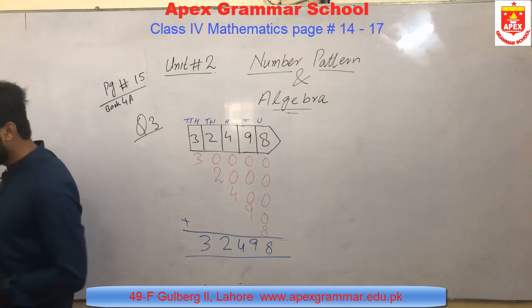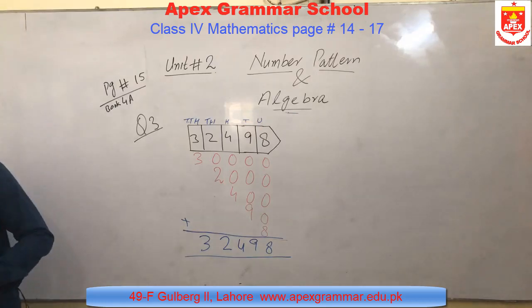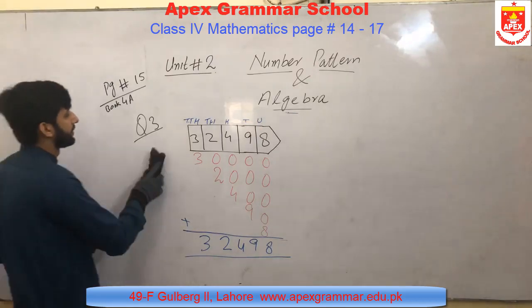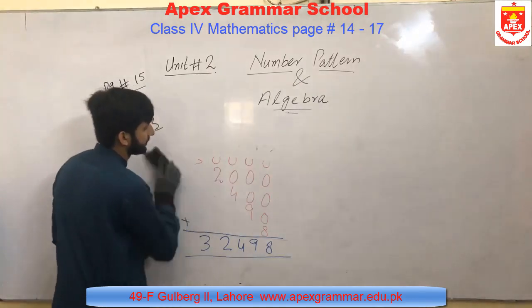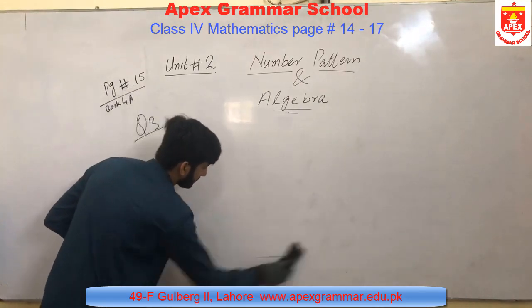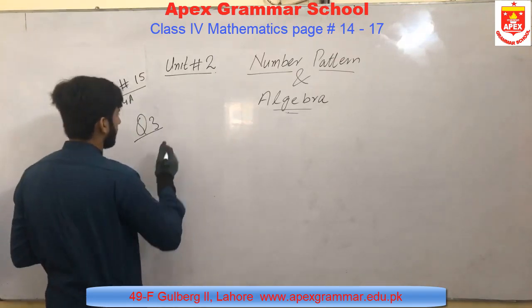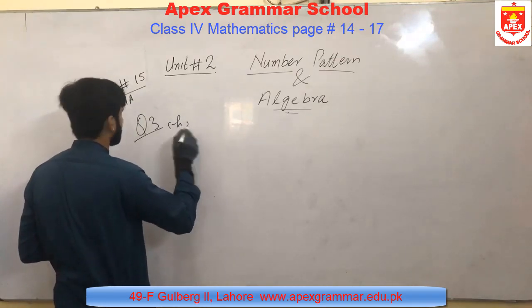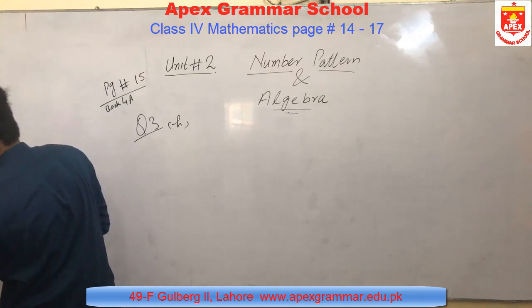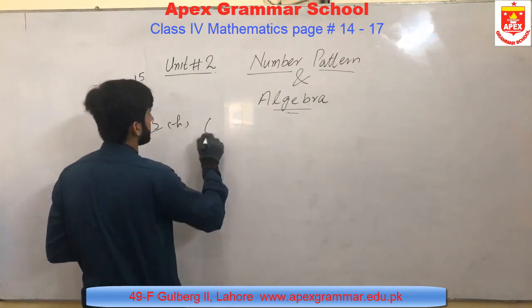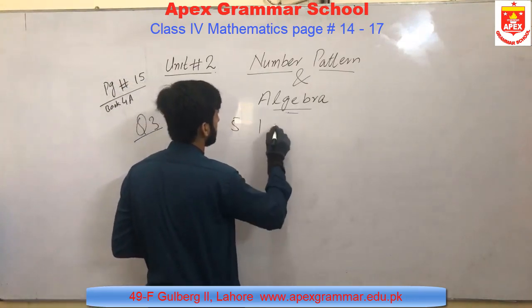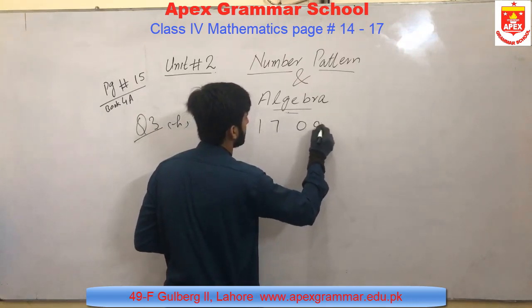The last question I am doing for you is H part on this page. This is A part. Part H. The digits are 651,709.